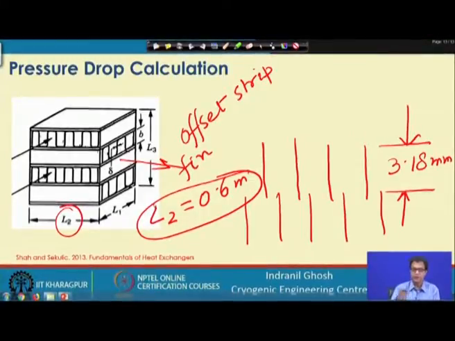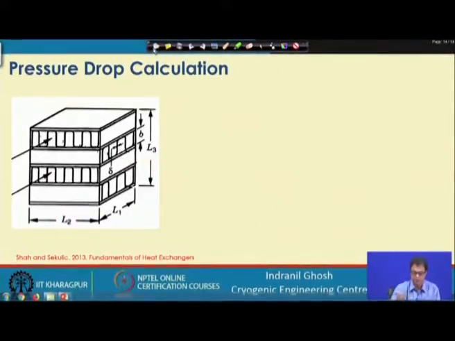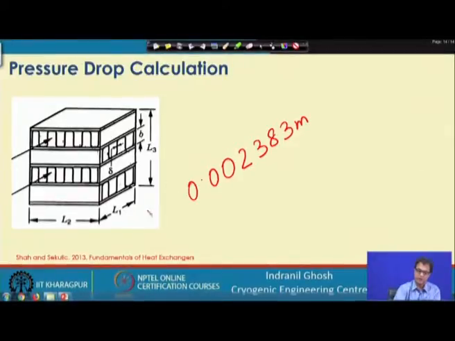Then the hydraulic diameter for this passage is given as 0.022383 meter. This has already been given, and the fin metal thickness, delta, is equal to 0.15 millimeter.